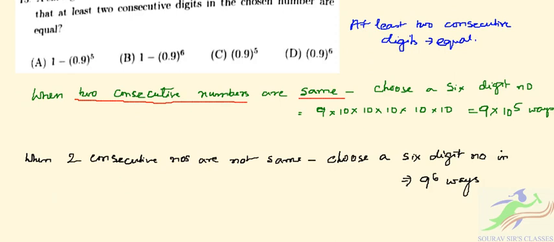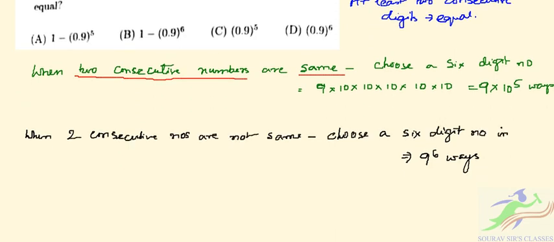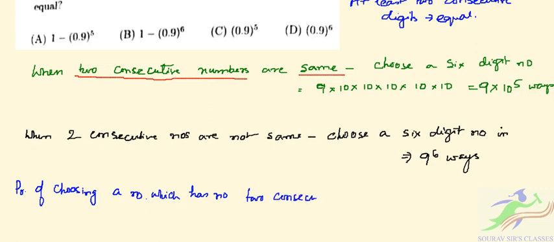Now we can find the probability of choosing a number which has no two consecutive digits same.